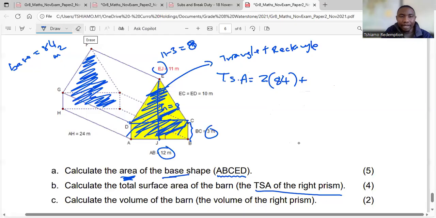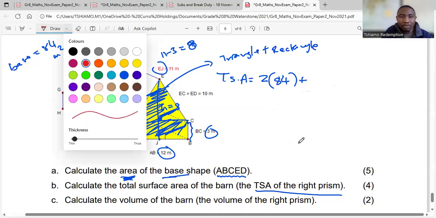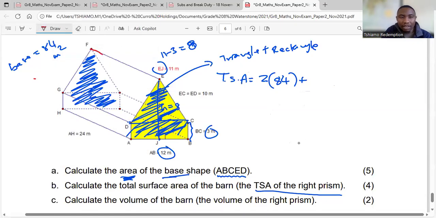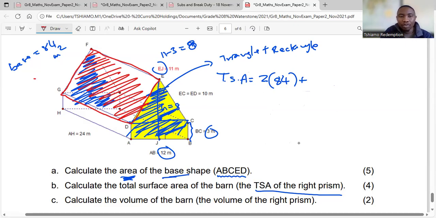Then I have this part. Let me show you. Do you see this part? Like a roofing. This part. What shape is this part? This is a rectangle. So how much is here? This part should be 24 because of this 24.